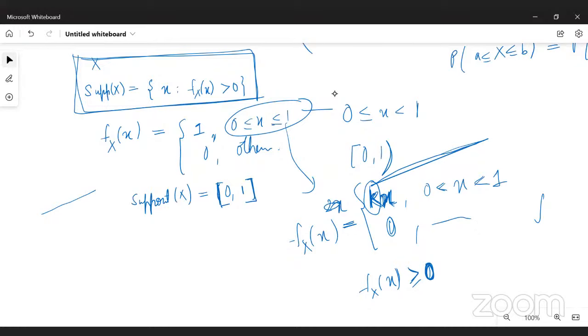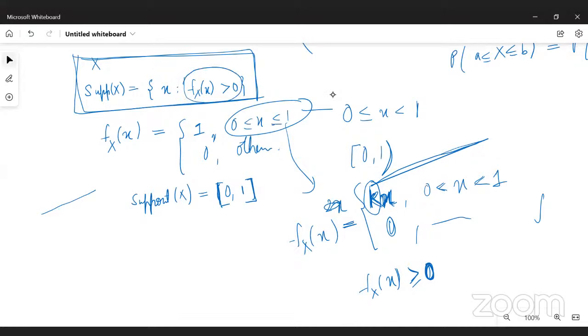I think there will not be any case where f of x will be less than 0. Is there any case, ma'am? No, f of x is not going to be less than 0. You are telling that the support of x is the x where f of x is greater than 0, right?